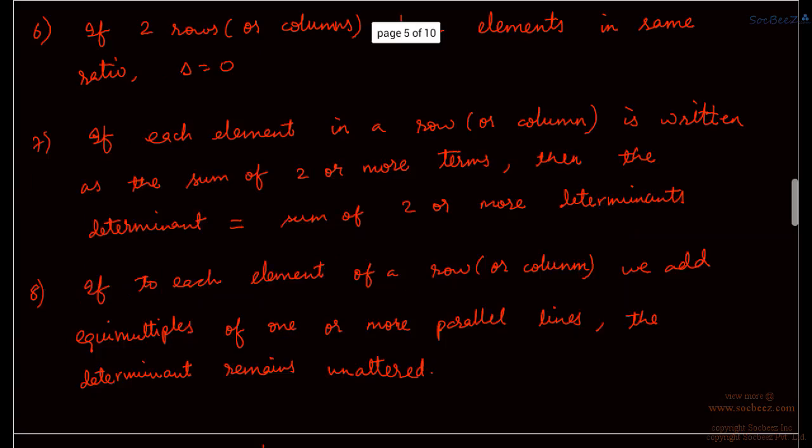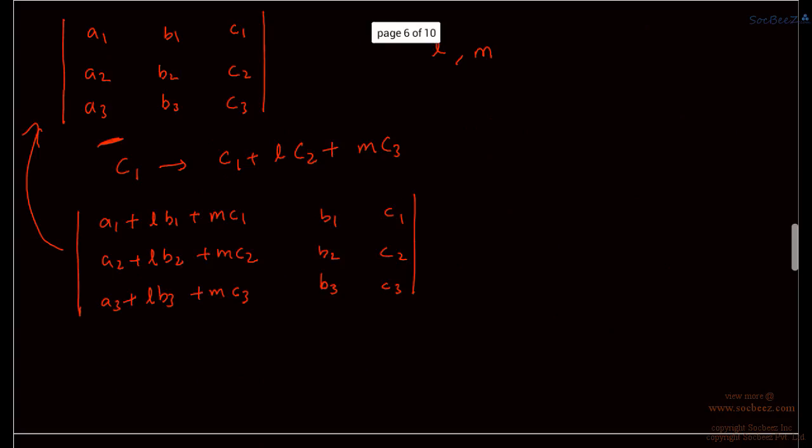Then using the sixth property, we see that LB1, LB2, and LB3 have the same ratio to the second column, so the determinant is 0, and similarly the third determinant. Hence the determinant is not changed. This one is of a lot of importance in simplifying and solving determinants.